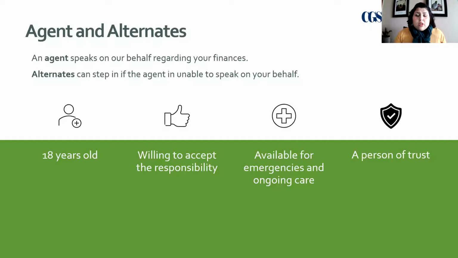So make sure that before you complete any document, you are having these conversations. So the person has the ability to say, yes, I'm willing to accept this responsibility, because we don't want you to be in the situation where you need this type of support and you didn't talk to your agent and your agent gets that call and they are not able to speak on your behalf.